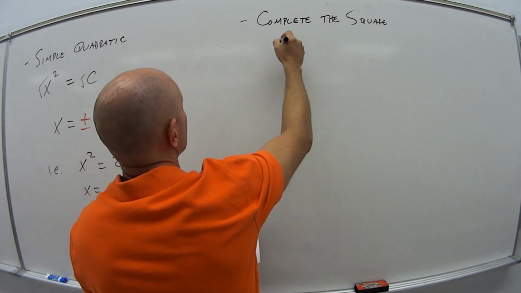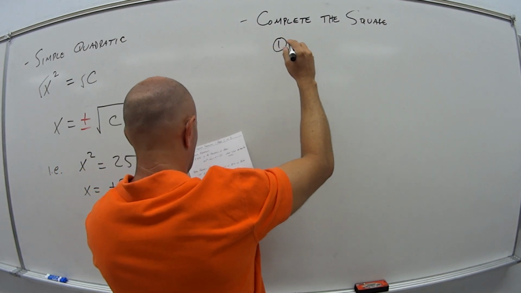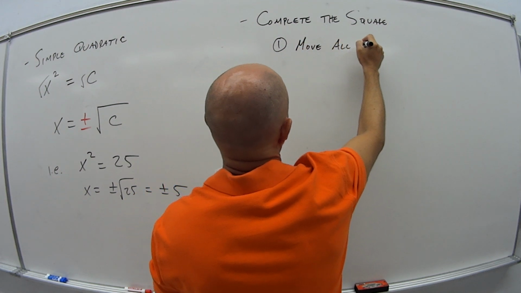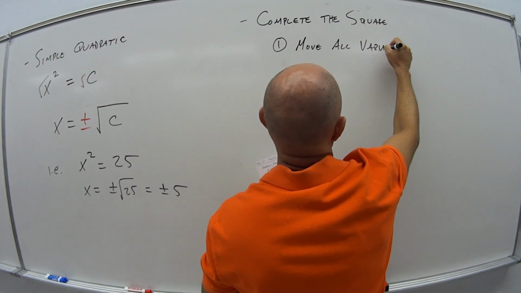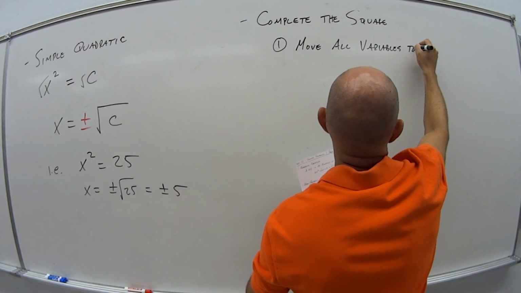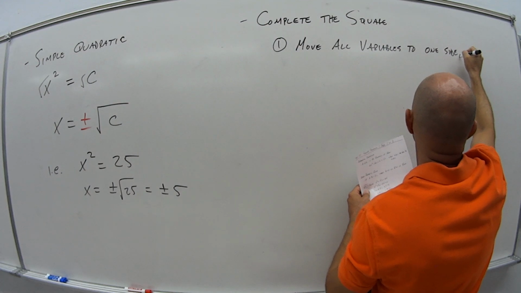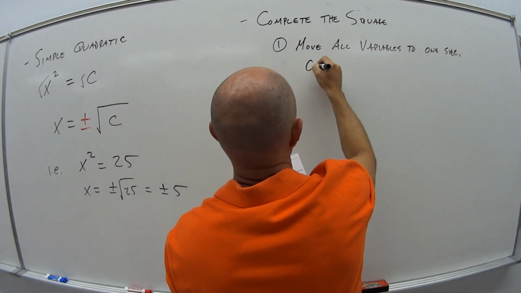And there's basically 6 steps to this. The first one, move all the variables to one side, constants to the other.